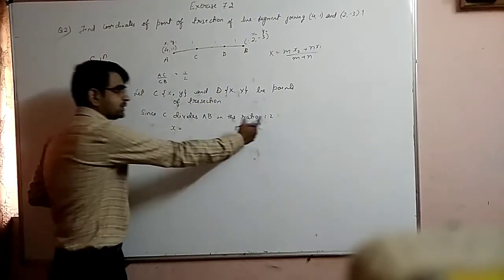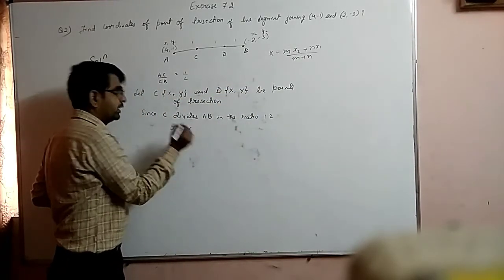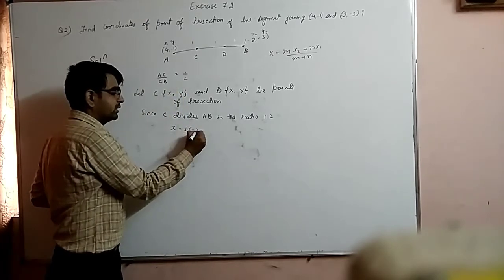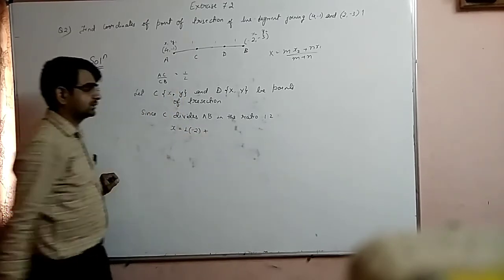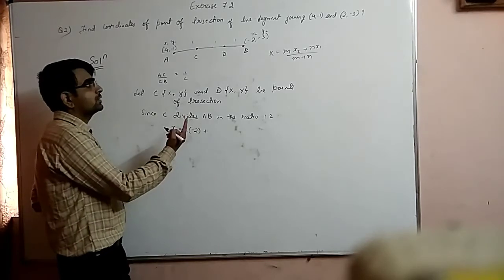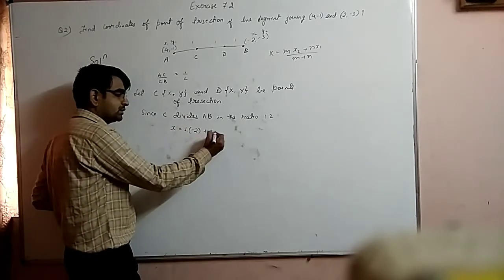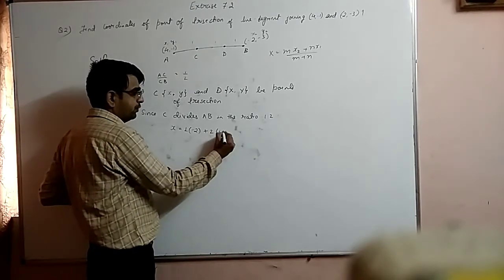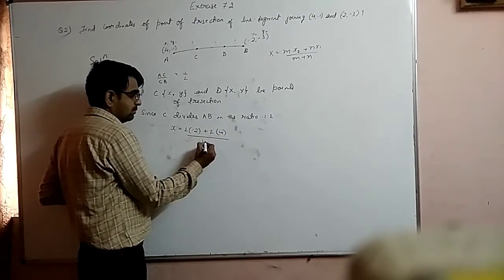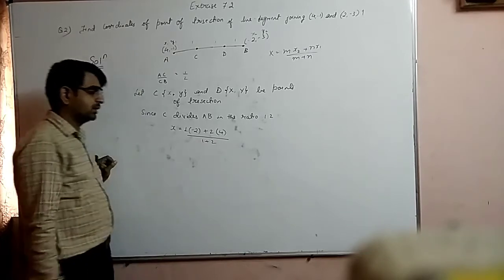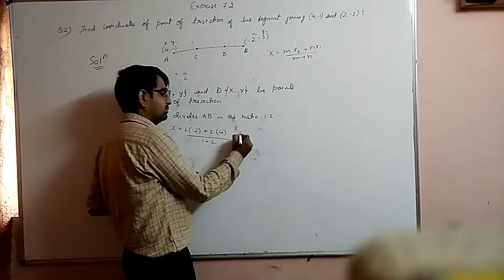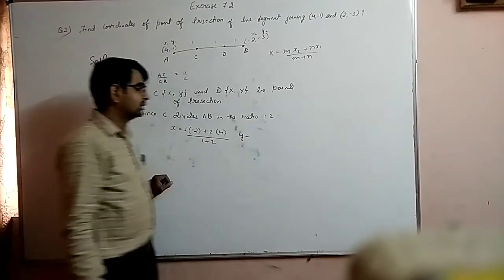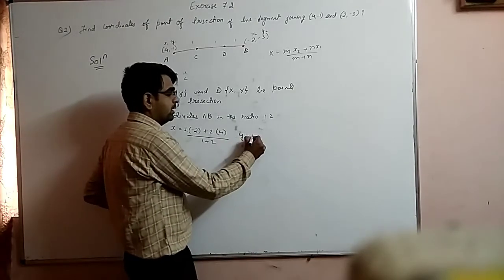M times x2, what is m? It is 1, and the value of x2 is minus 2, plus n times x1, the value of n is 2 and that of x1 is 4, divided by m plus n, so 1 plus 2. Similarly for y we can write, okay, m is 1.